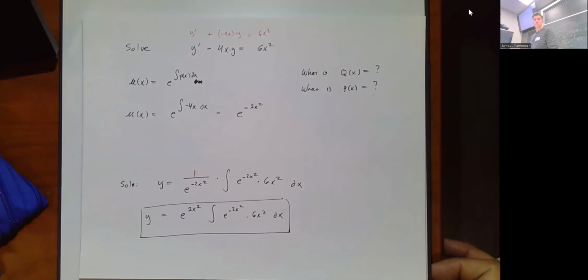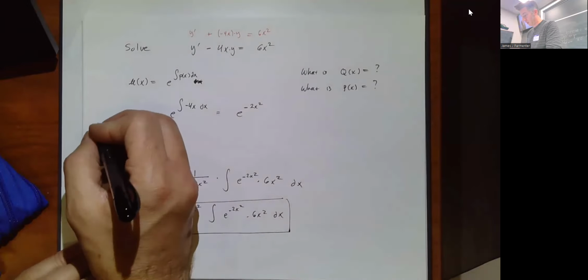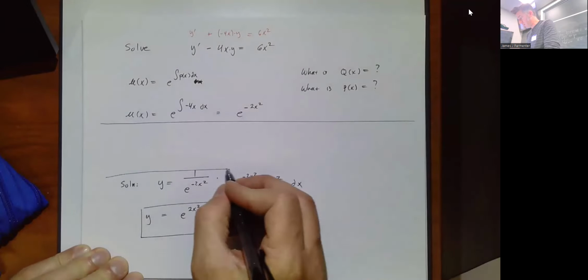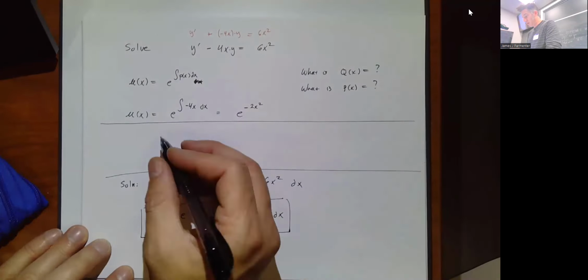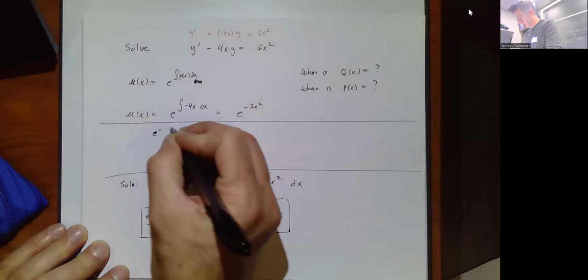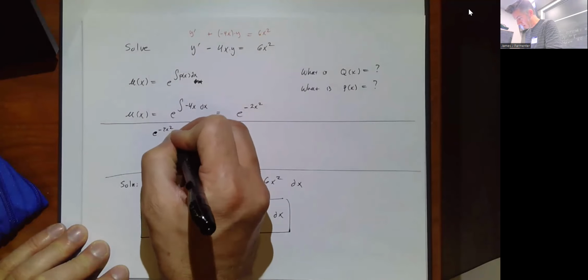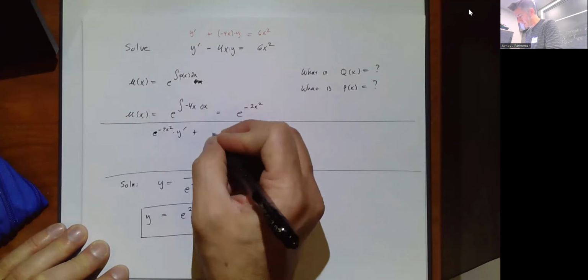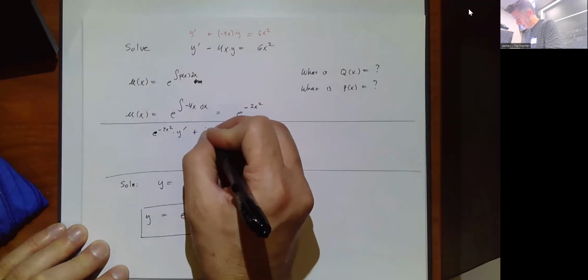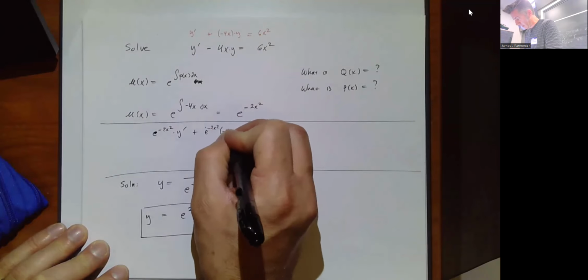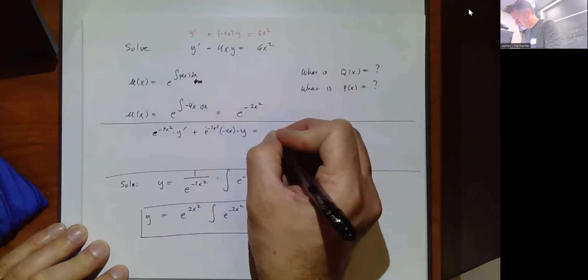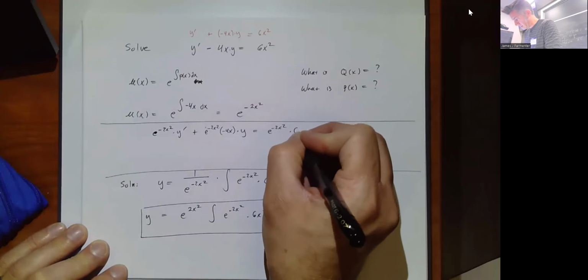Yeah, exactly. So if you're trying to show the intermediate steps here, and you multiply everything by your integrating factor, you're going to get e to the negative 2x squared times y prime plus e to the negative 2x squared times negative 4x times y equal to e to the negative 2x squared times 6x squared.